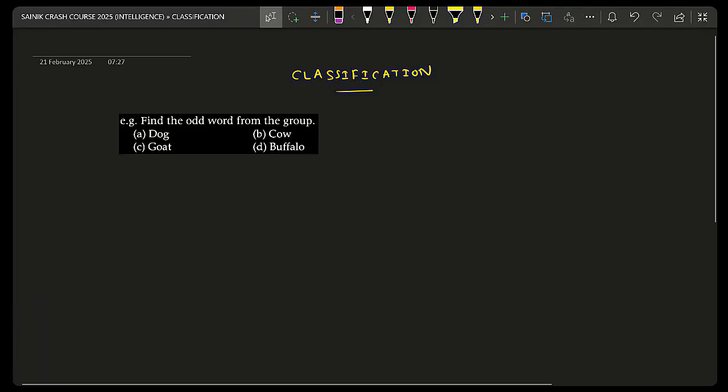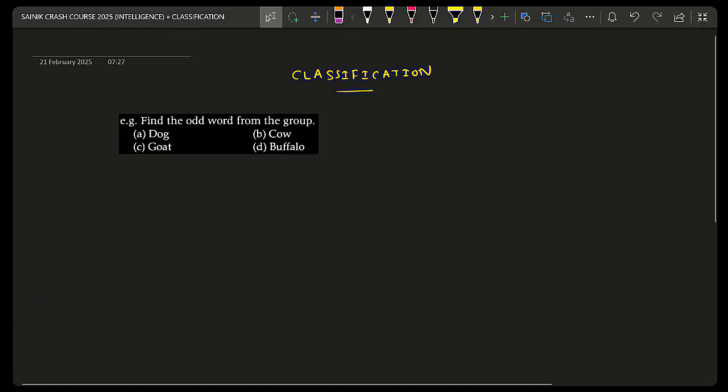Okay, time up. I received no votes for buffalo, but one vote for goat and cow. That is wrong answer. Majority of the class gave the correct answer. 23 votes for option A. And the correct answer is option A, dog. And I'll give the solution also.